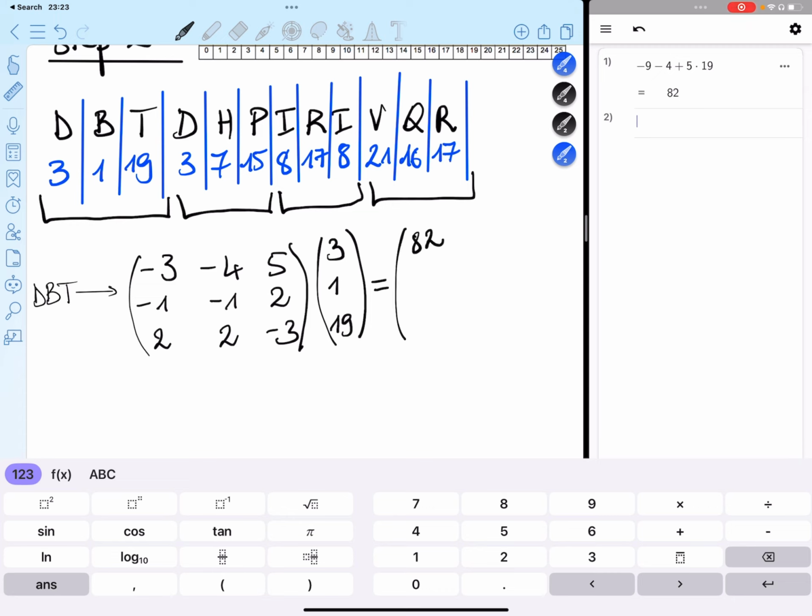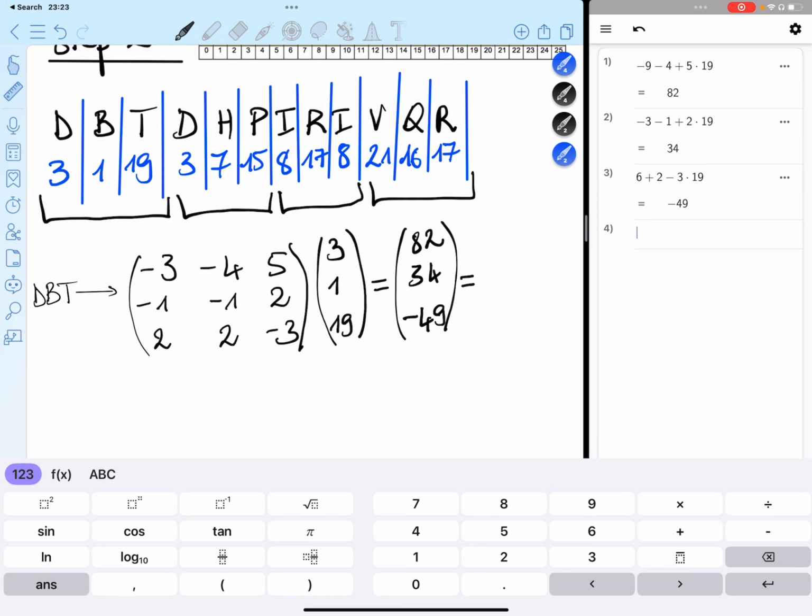For the second one, I'm going to have minus 3, then minus 1, then plus 2 times 19, which is 34. For the last entry, I'm going to have 6 plus 2 minus 3 times 19, which is minus 49.